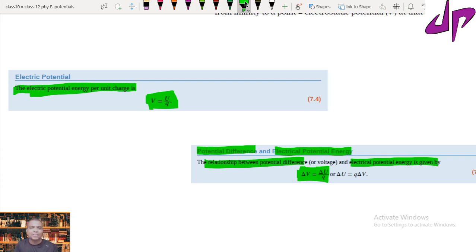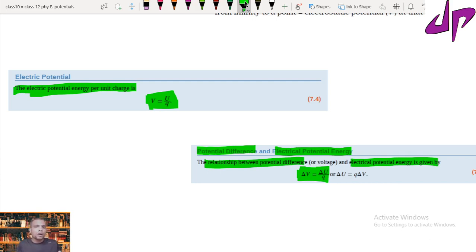What is this delta? Delta means nothing but the change. If we have two points, we can express the potential difference. To explain this potential difference, I will explain with the help of one small example.